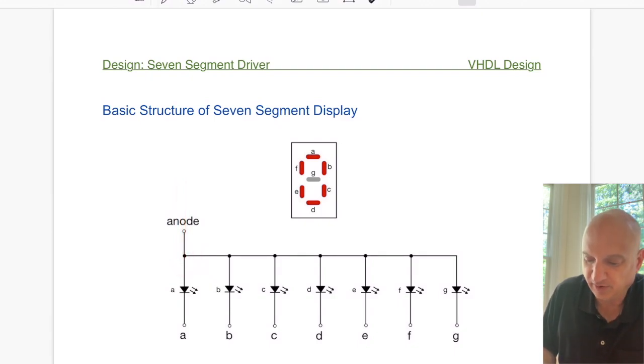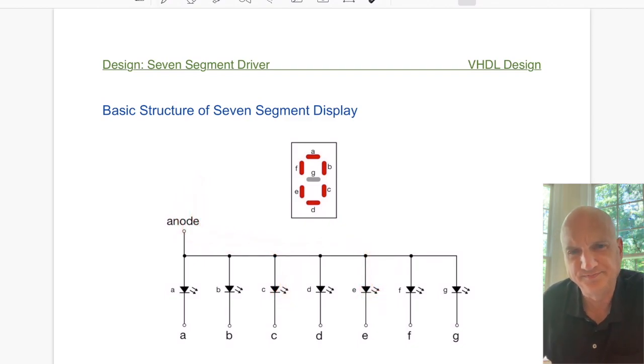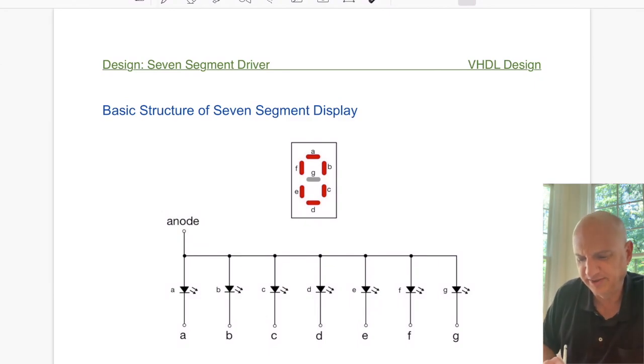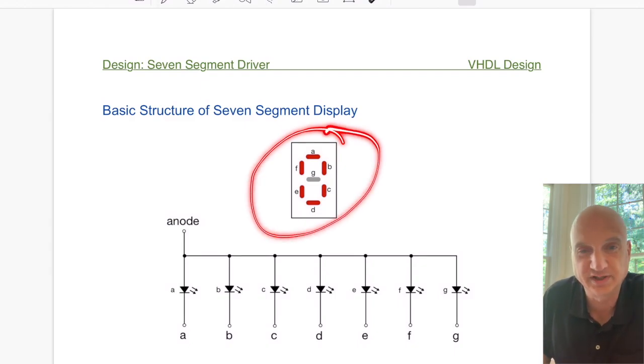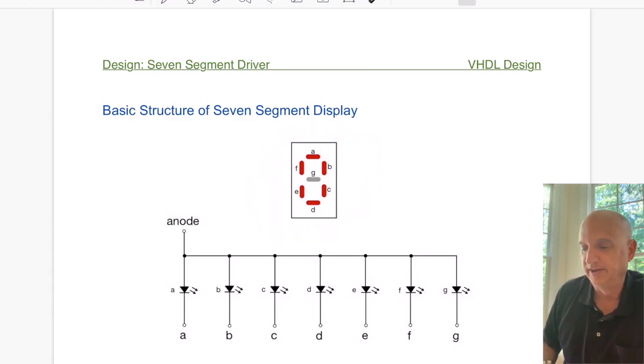And it would drive all of the LEDs that you have in your design, okay? So the power comes in the anode, and then on the other ends, you would tie them to ground to get them to light when the power comes in. So that's how the basic system is set up. So this is what's inside this particular element here.